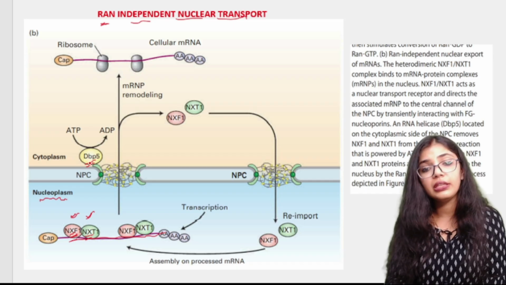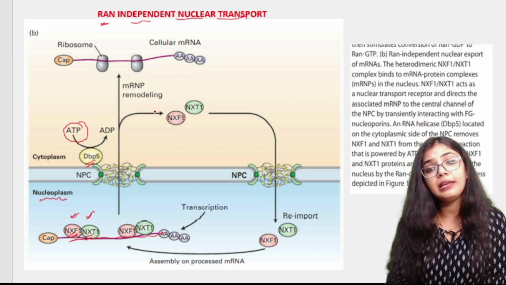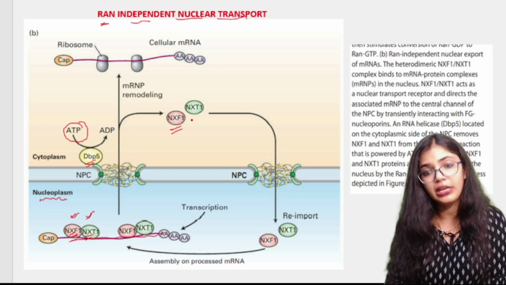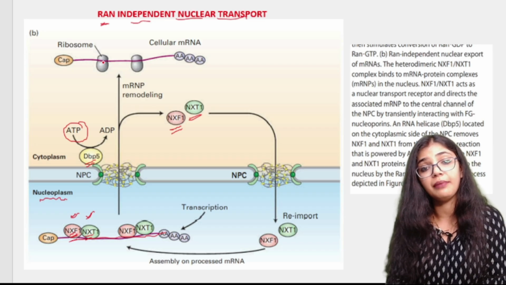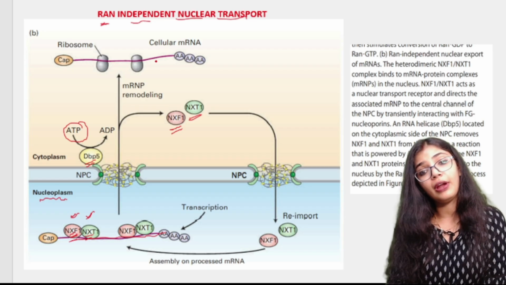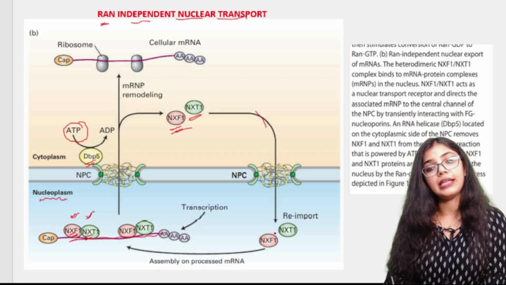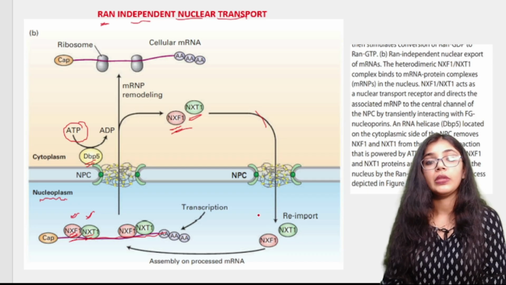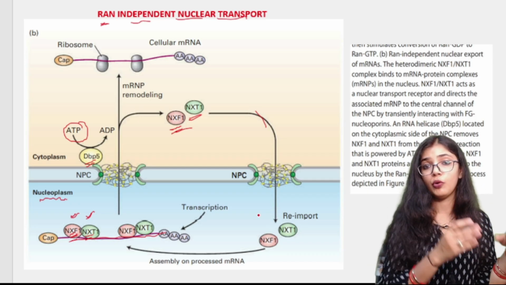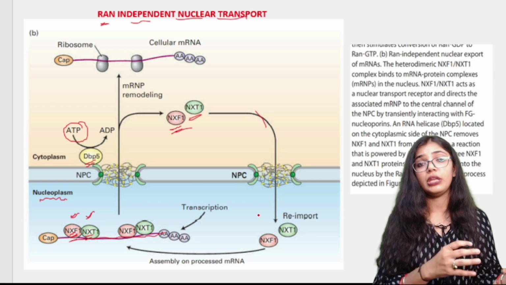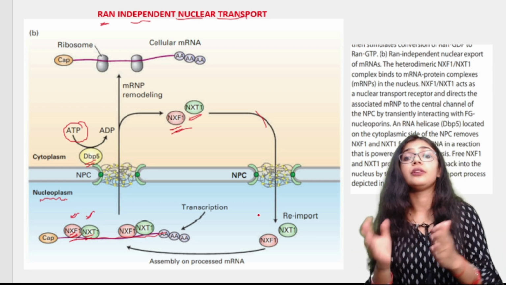This DBP5, with the help of ATP by using energy, helps in the release of NXF1 and NXT1. Here the mRNA is released and the ribosomes come and bind to this mRNA, where the protein synthesis will take place, and these two proteins will be transported inside the nucleus. This was all about the transfer of the protein out of the nucleus and into the nucleus.